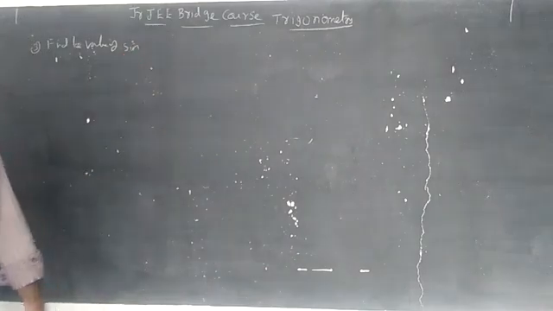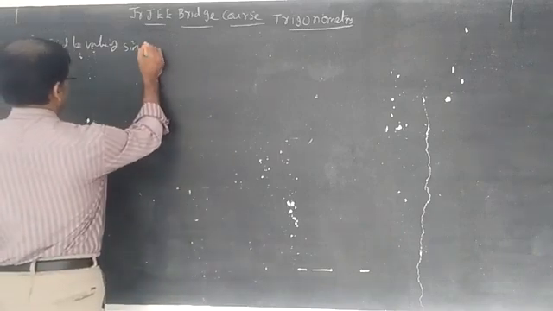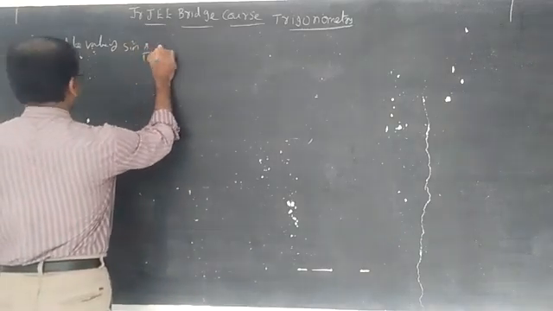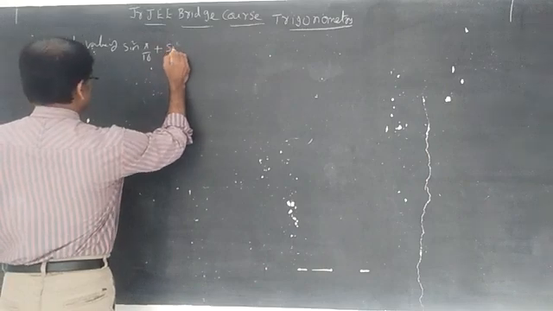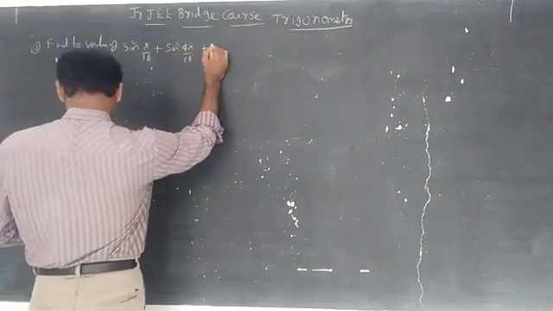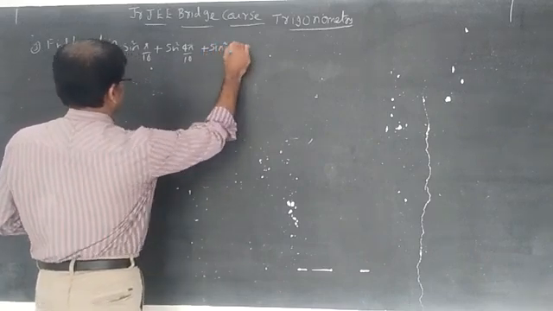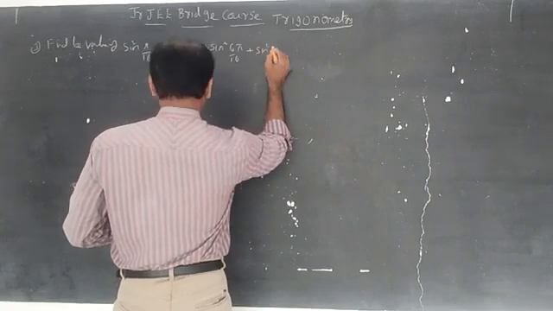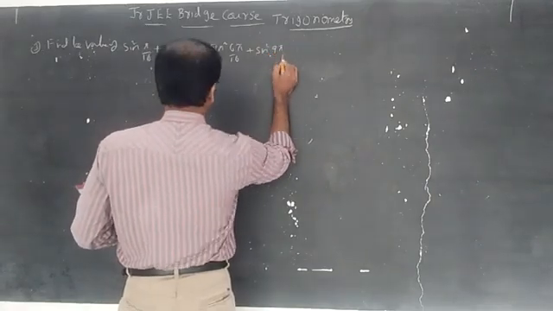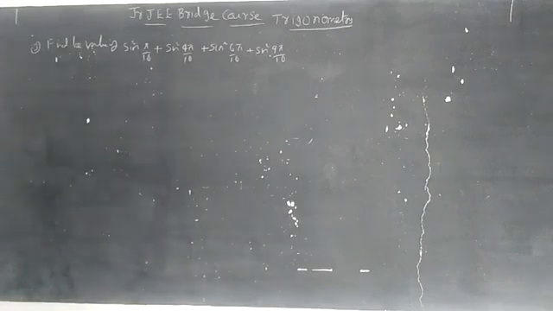Find the value of sine square pi by 10 plus sine square 4 pi by 10 plus sine square 6 pi by 10 plus sine square 9 pi by 10. You should calculate the value.